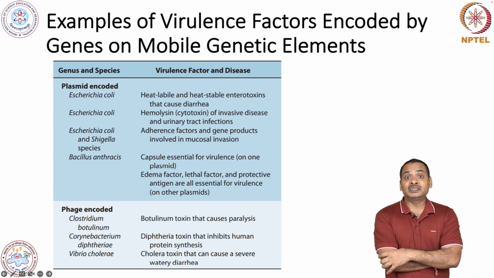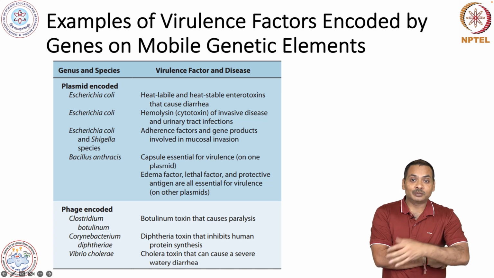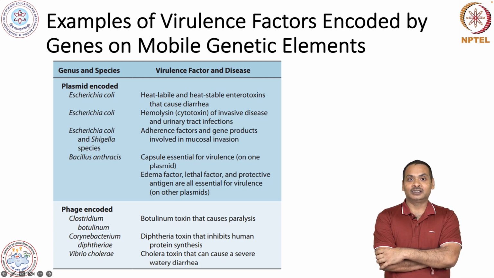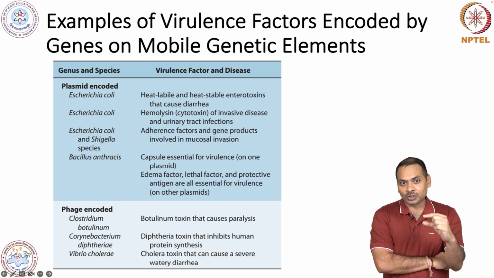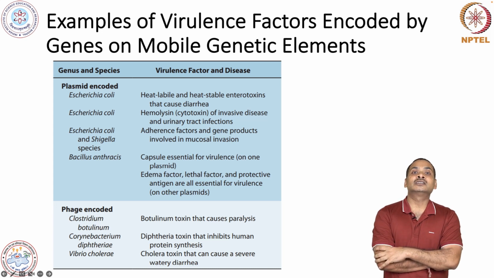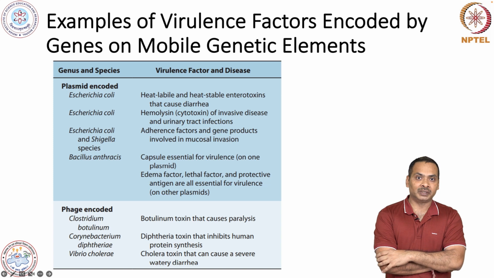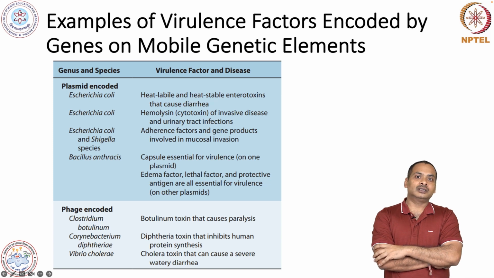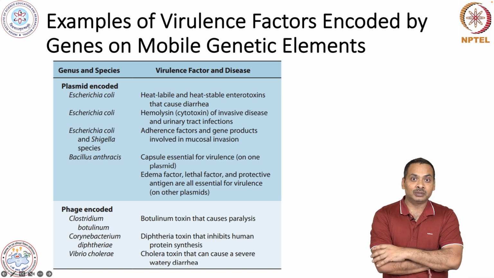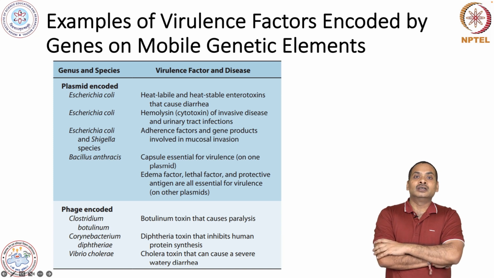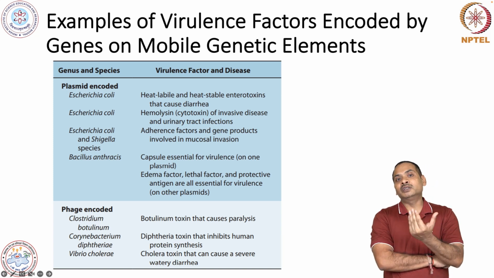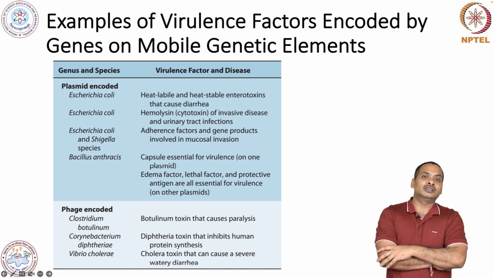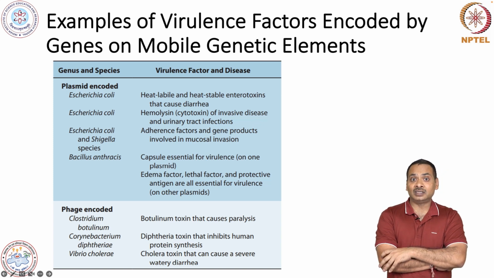Another example is Bacillus anthracis. Please note, this Bacillus anthracis is a very dangerous microbial pathogen, and it is also used as a biological weapon. If you are aware, after the World Trade Center attack of 9/11, people received envelopes containing the spores of Bacillus anthracis.